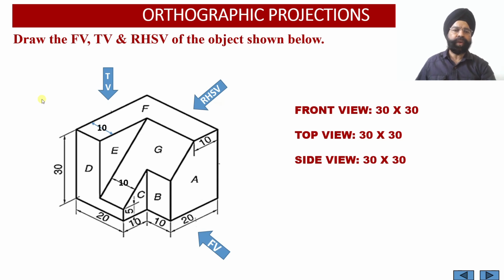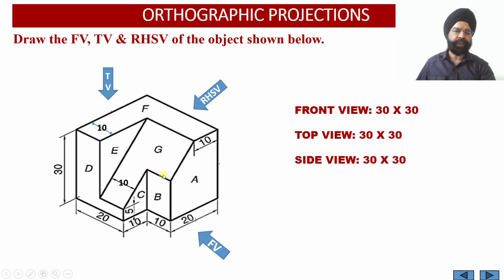Now when we look at the solid from the top, we are going to view two surfaces. The first is the surface marked as F. This is an angled surface, and it is parallel to the horizontal plane, right? So the projection of the surface F onto the horizontal plane in the top view will be viewed as true shape, whereas this is the slanting surface, surface G.